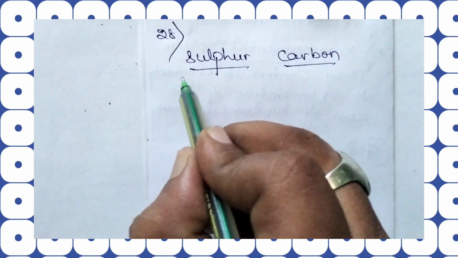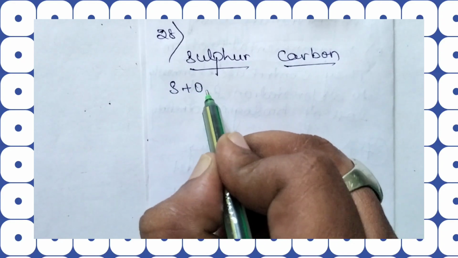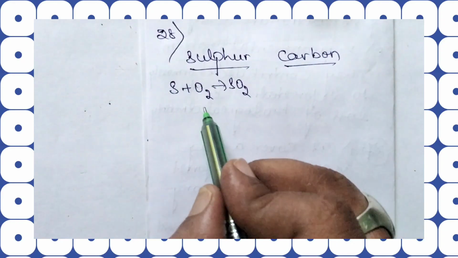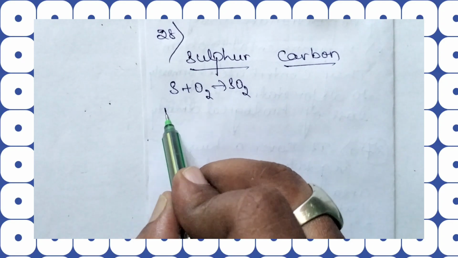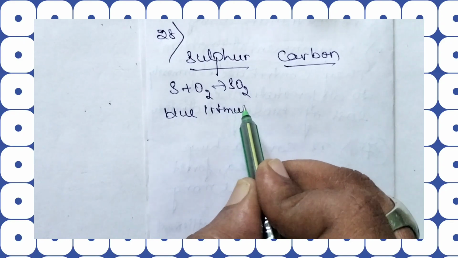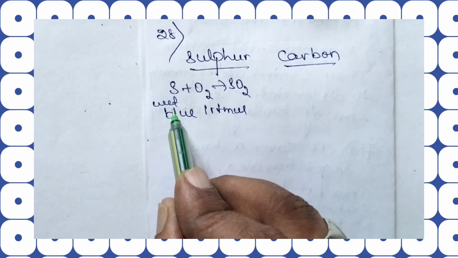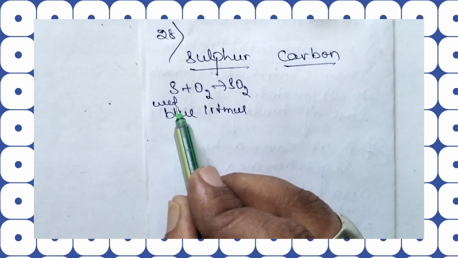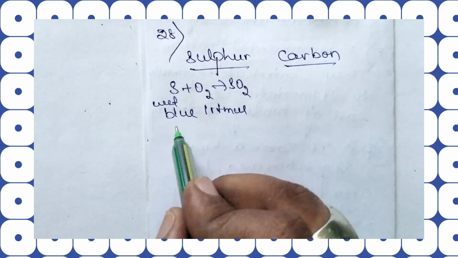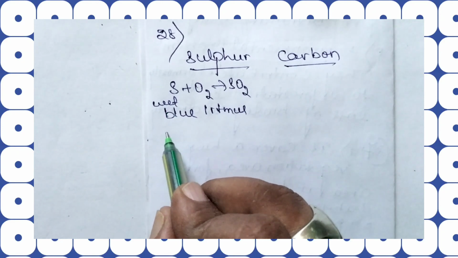Now when sulfur powder is burnt, it forms sulfur dioxide. When we take wet blue litmus paper and hold it over the fumes, since it is wet, there is water.